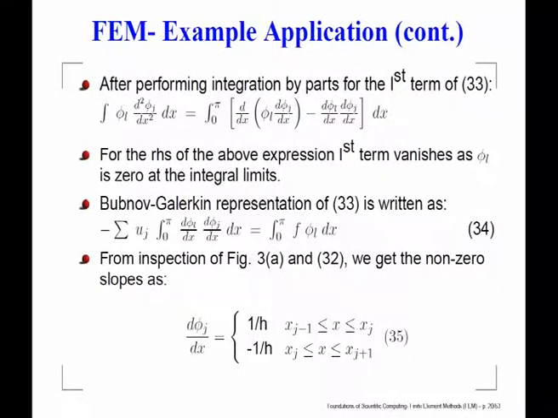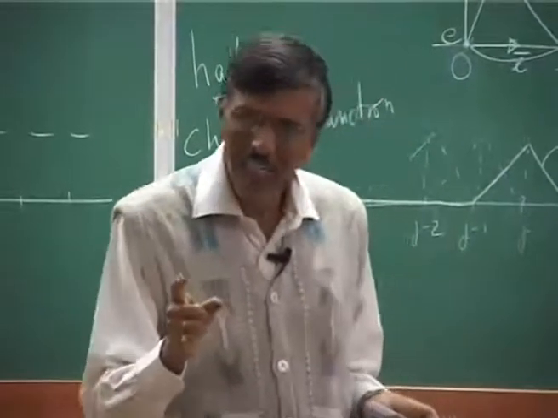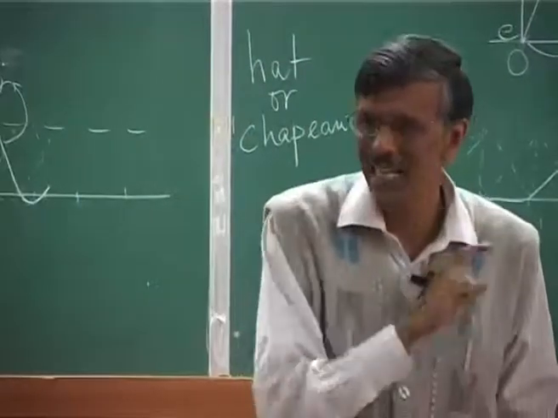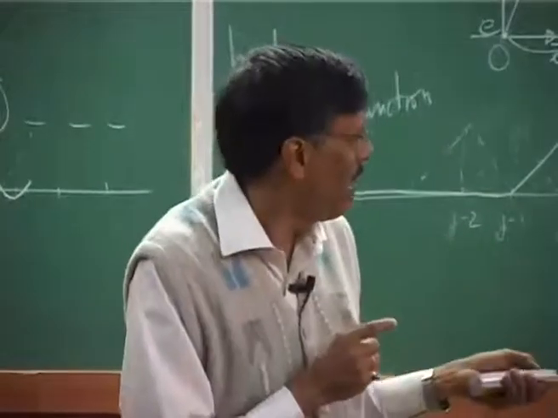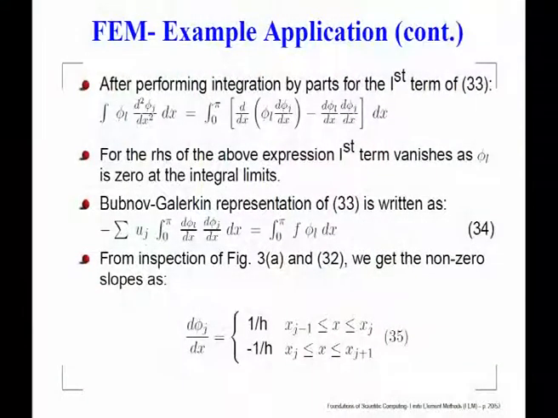Now, you can see that you no longer require the existence of the second derivative, because you have hoodwinked the problem into giving you a product of two first derivatives. You do not need the second derivative. These are the first derivatives, and they are also very easy when we look at the linear basis functions. They are either 1 over h, the slope, or minus 1 over h. That is what we have written right here.